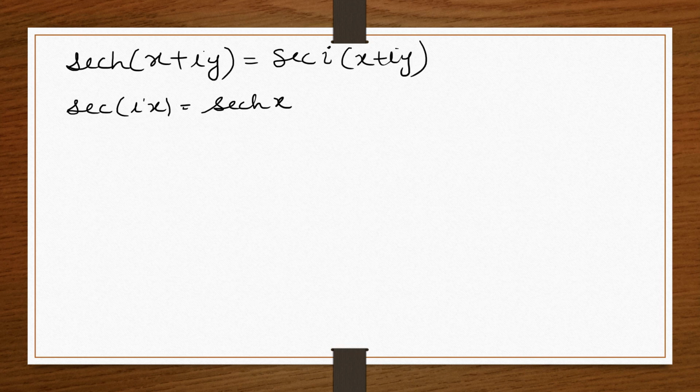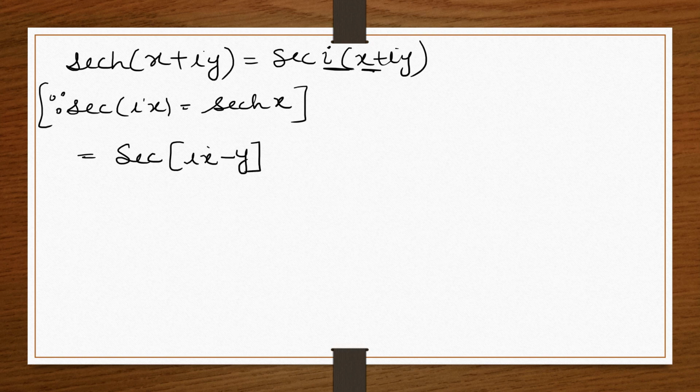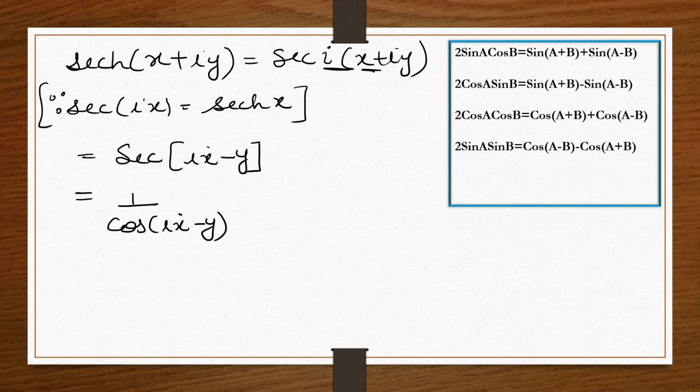So what you'll get? You'll get secant. Yes, take this iota inside, so this will be iota x minus y. Okay, so this is 1 by cos iota x minus y. Yes, now apply the same formulas. So because we already have cos, so turn this to this form. Okay, so what we'll do, we'll just multiply and divide with 2.